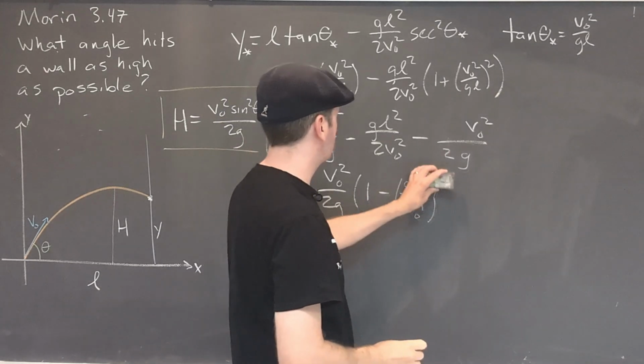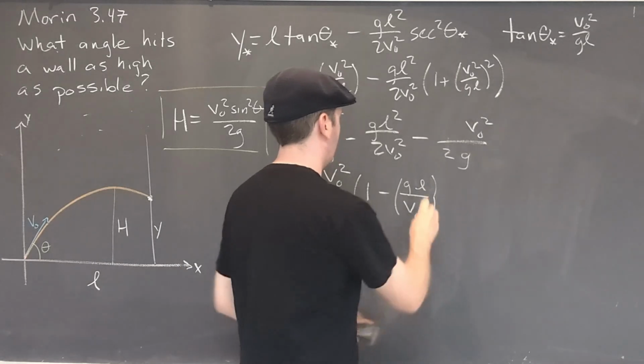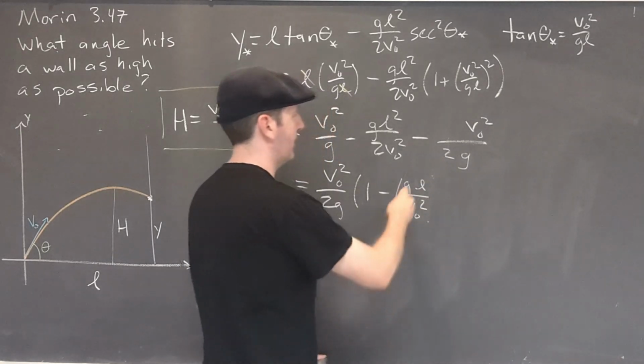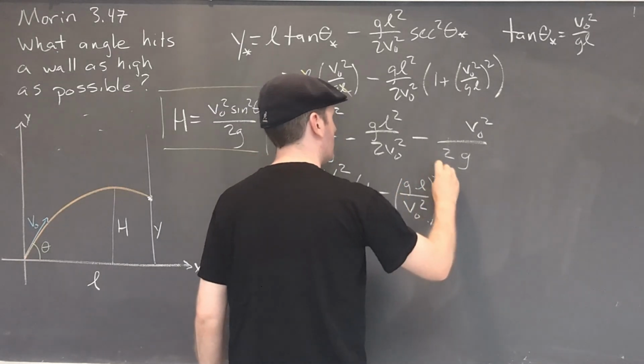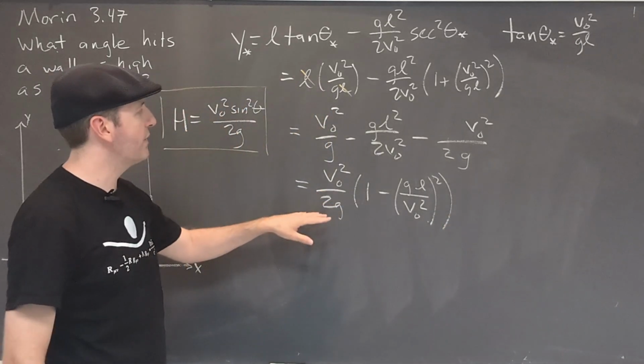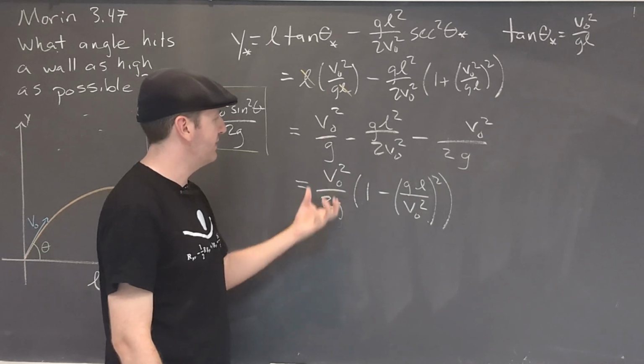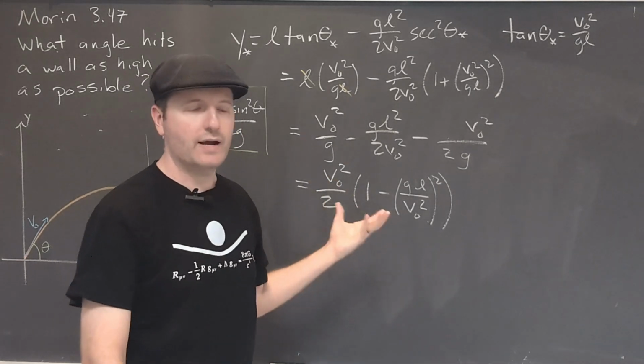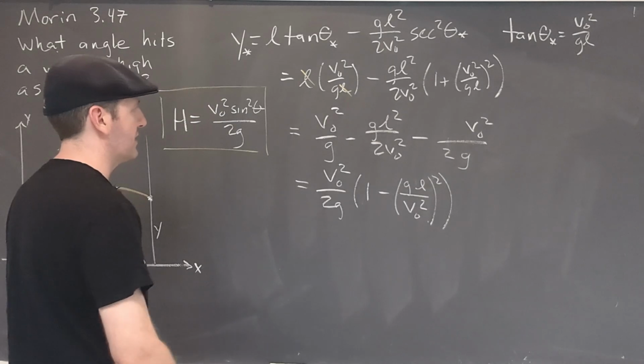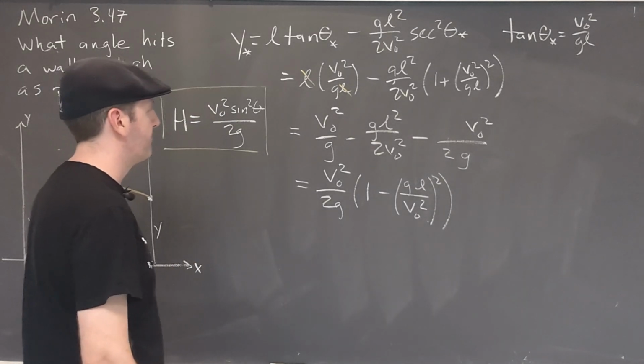And actually, let's go ahead and just write that in terms of our little GL over V naught squared squared. Okay, so this is one way of writing down Y star. And notice that V naught squared over 2G can be factored out kind of nicely as a common dimension.